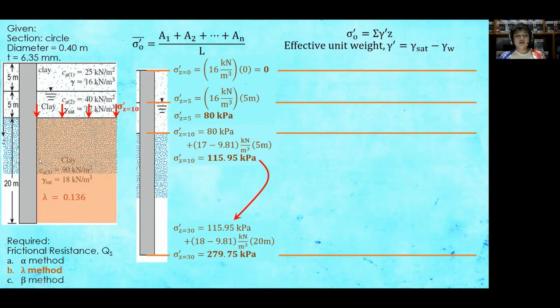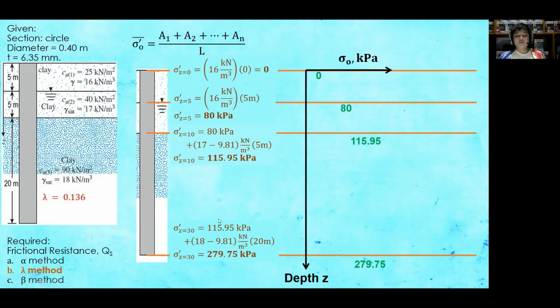So we will then add the remaining weight, which is equal to the effective unit weight, that is 18 kilonewtons per cubic meter minus the unit weight of water, that is 9.81 kilonewtons per cubic meter. Then multiply it to the remaining depth, which is 20 meters. Thus, the effective stress at that point is 279.75 kilopascals.